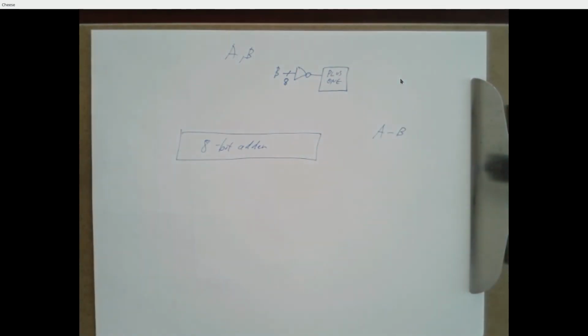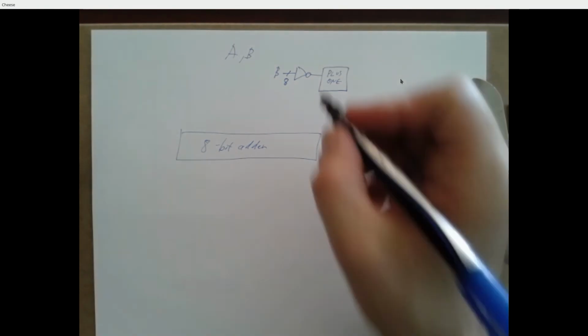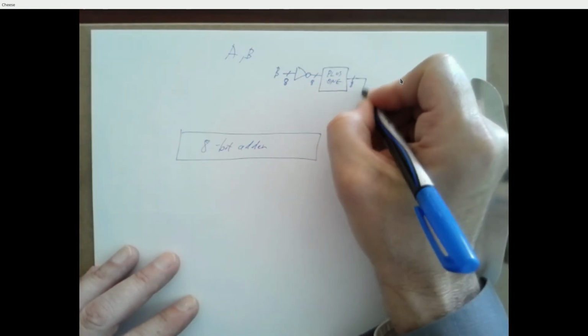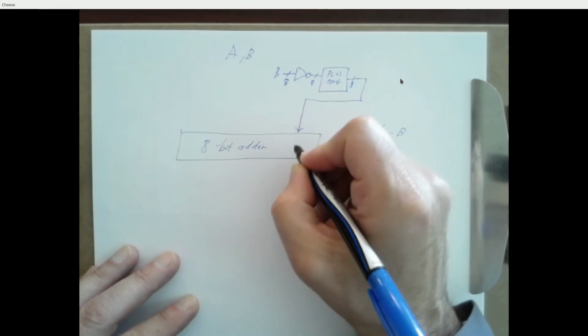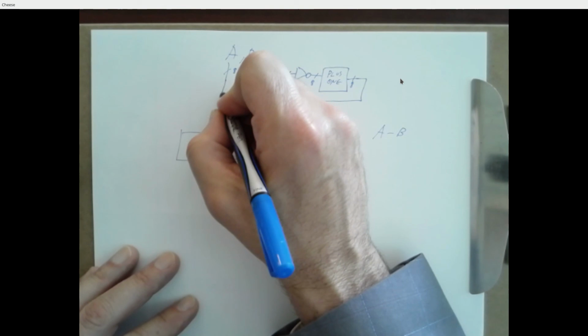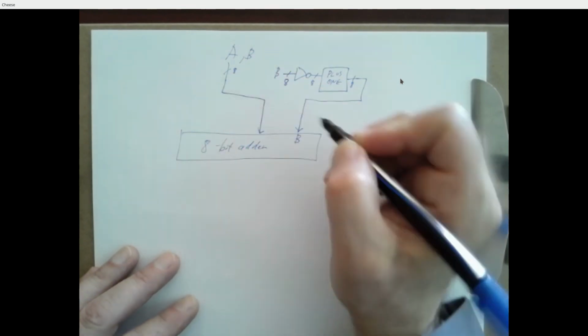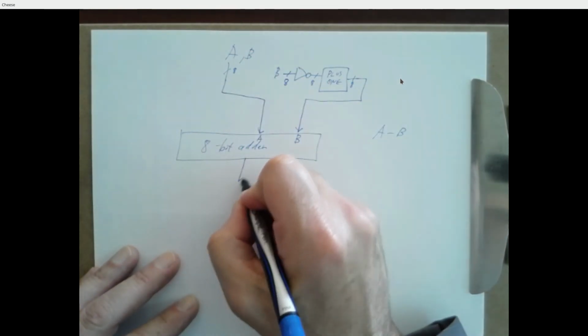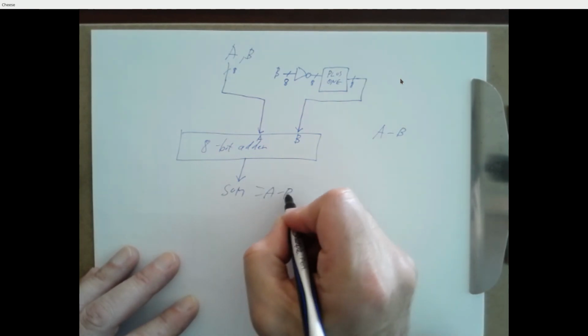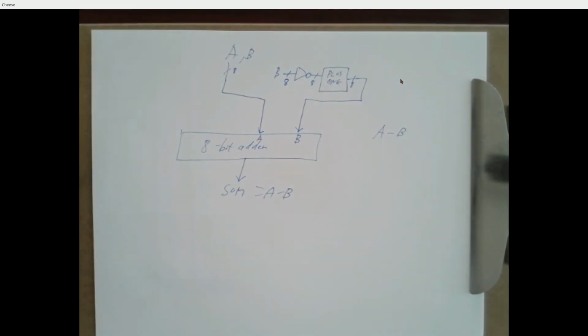It takes that 8-bit number coming in and adds 1 more to it. I'm going to send that into my B input. And A, which is 8 bits, I'm going to send into my A input. And my sum is going to be A minus B.